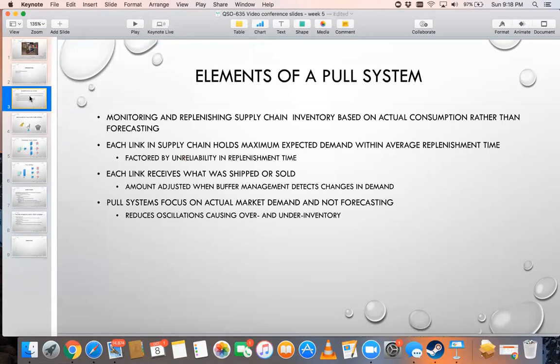In more complex systems, you'll have safety buffers. You have buffer stocks and safety stocks. Safety stocks are what push systems use to guard against excessive demands.